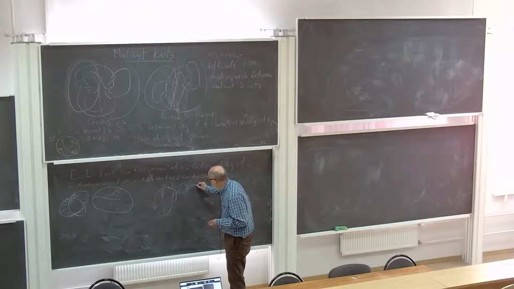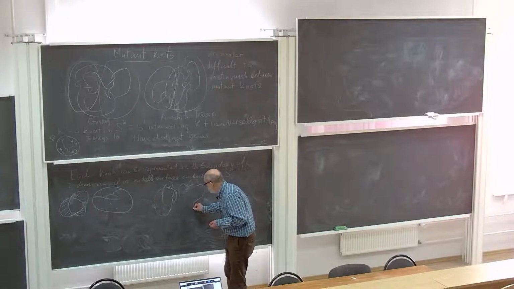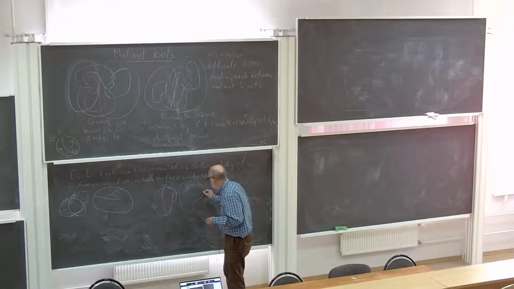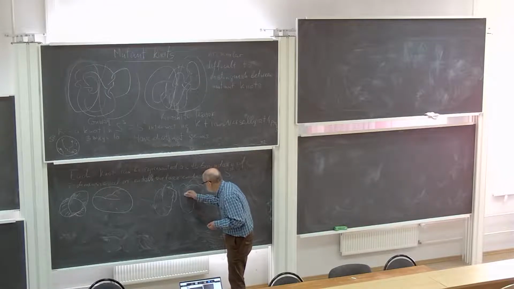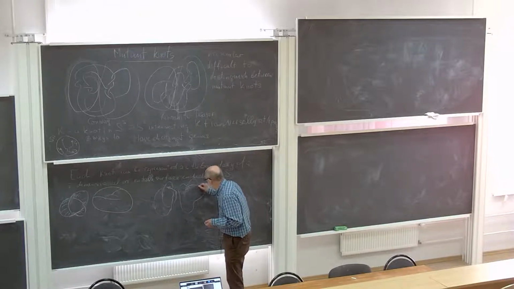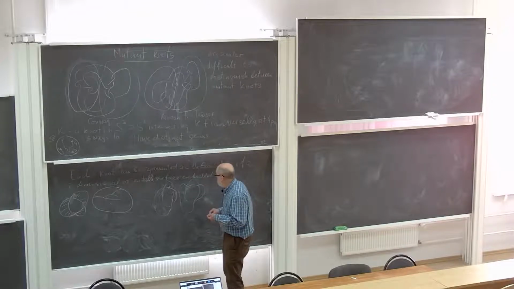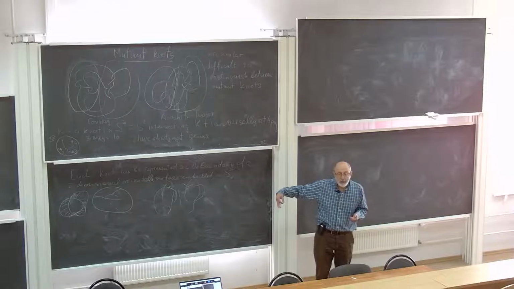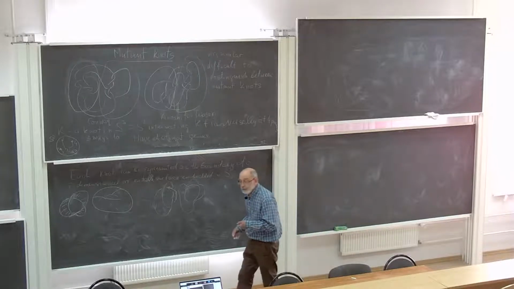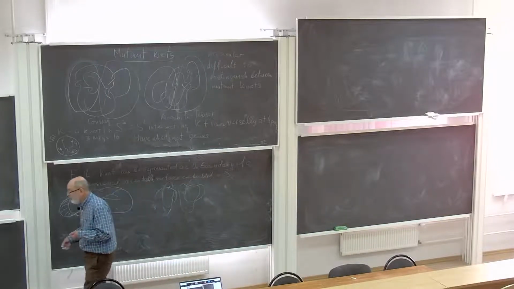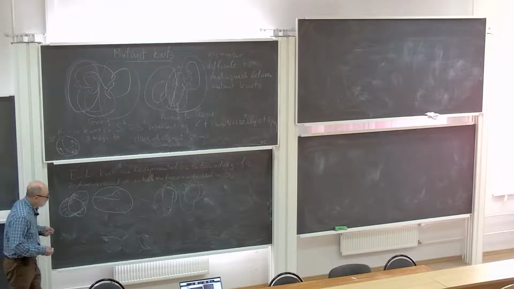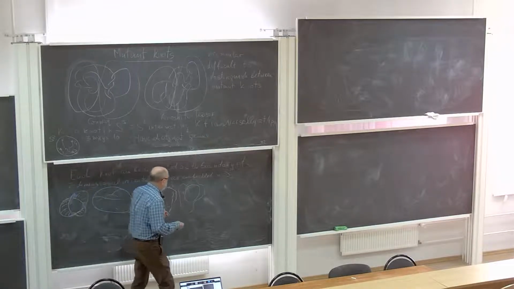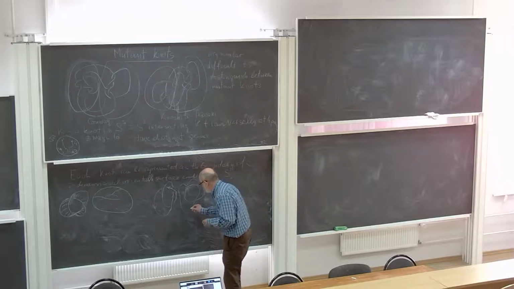The same for this point, and the same for the second boundary. So what we obtain in this case is a two component oriented curve.